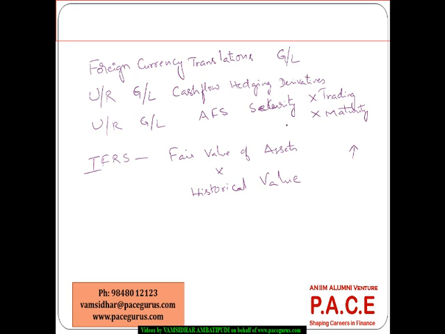Rather, we'll take it as a gain as a part of the other comprehensive income only. Those kinds of unrealized gains that are coming up because of the revaluation of the asset, as a result of representing it at fair value, would be treated as a part of the other comprehensive income only.